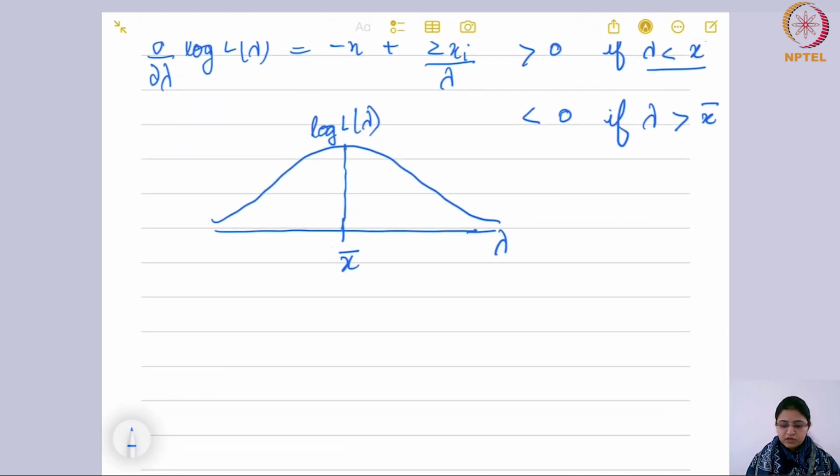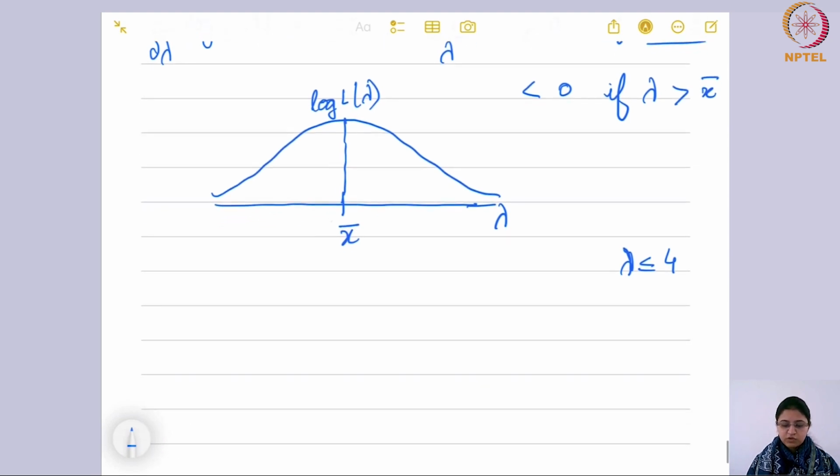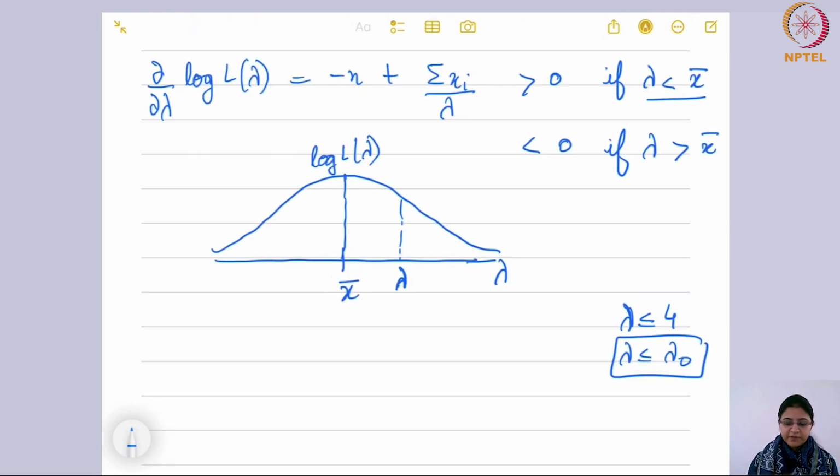Lambda is the rate at which the events occur. So if you restrict the rate, we do not want to consider the entire parameter space; the rate is less than or equal to 4. We are essentially looking at the lambda less than or equal to lambda naught situation. So here you have lambda naught.